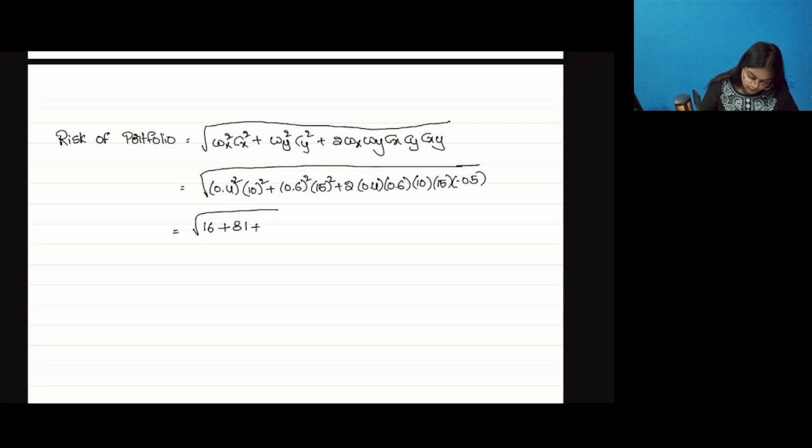So here minus 36, that is 16 plus 81 minus 36, square root of 61 will be 7.81%.